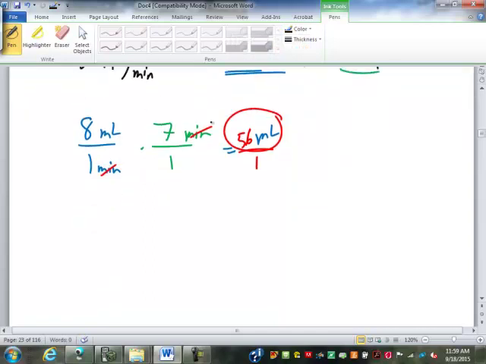We could take the numbers out and just work with the units if we wanted to. Let's say that I have a certain number of minutes, and I want to know how many milliliters I can get in that time. So I'm going to take minutes divided by milliliters per minute. So that means I'm going to take minutes over 1, turn it into a fraction. When I divide fractions, what do I do? Multiply by a reciprocal. I did that wrong.